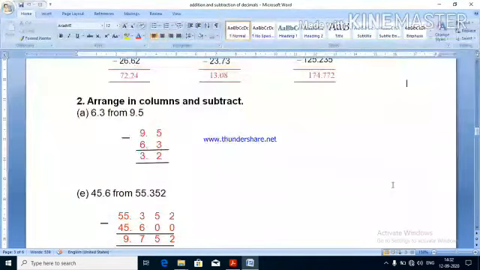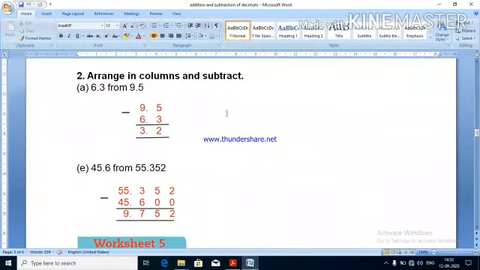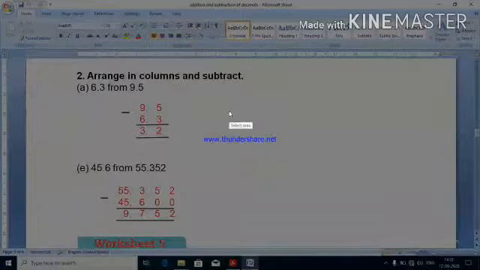Okay, next one, arrange in columns and subtract. In the previous part, arrange in columns and add. Here arrange in columns and subtract.